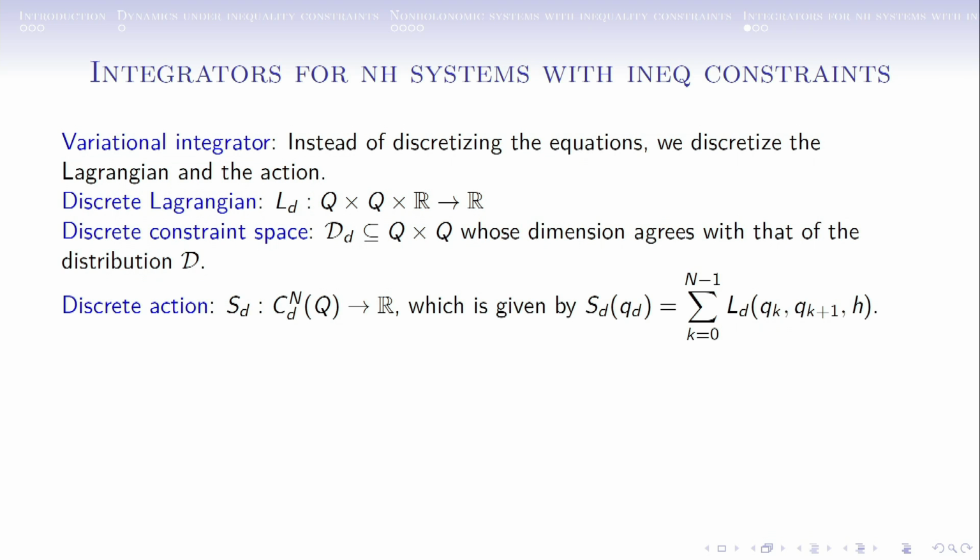Then we define the discrete action, which is a functional on a space not of curves, but of sequences. This notation C sub d super n of Q is just a space of sequences of length n, containing actually n plus 1 points on Q. In any case, we get a discrete function, and then we find critical points of the discrete action, and in unconstrained mechanics we eventually find what we call discrete Euler-Lagrange equations.